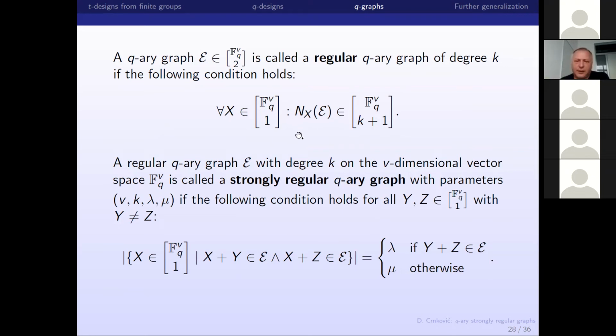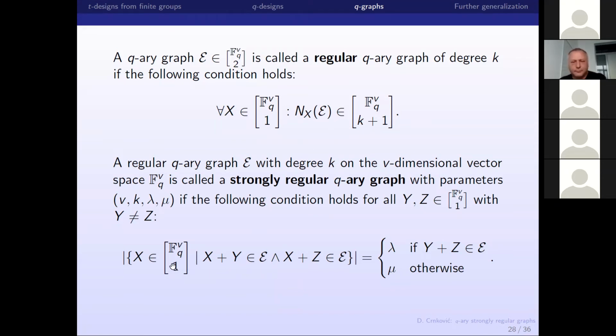We say that a regular graph is strongly regular with parameters v, k, lambda, mu if all the neighborhoods are subspaces of dimension k+1, and we have the following condition.